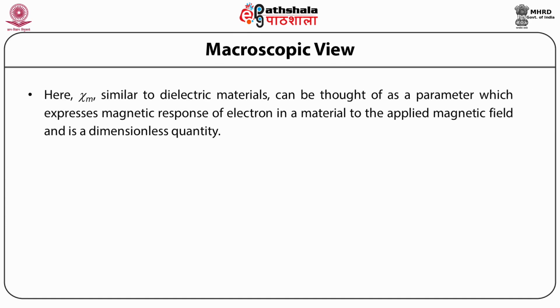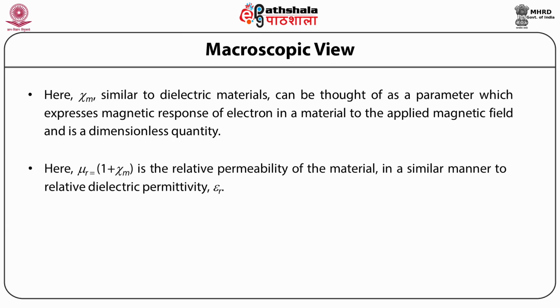Here chi m is similar to that in dielectric materials, and it can be thought of as a parameter which expresses the magnetic response of an electron in a material to the applied magnetic field and is a dimensionless quantity.